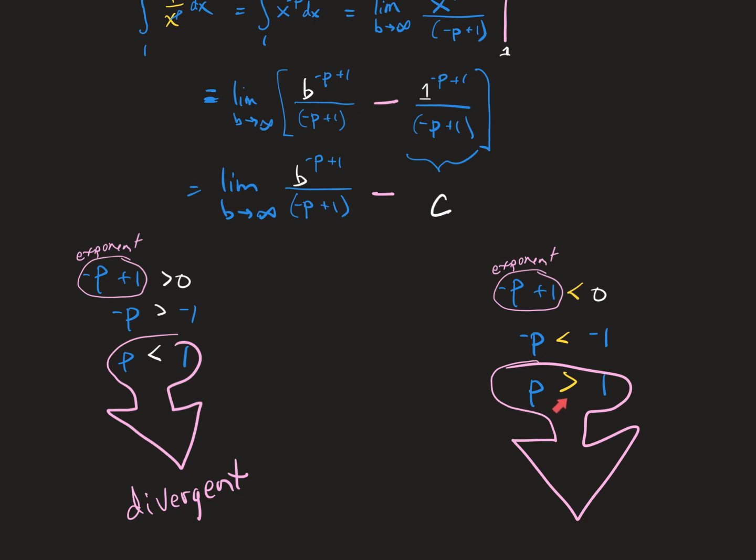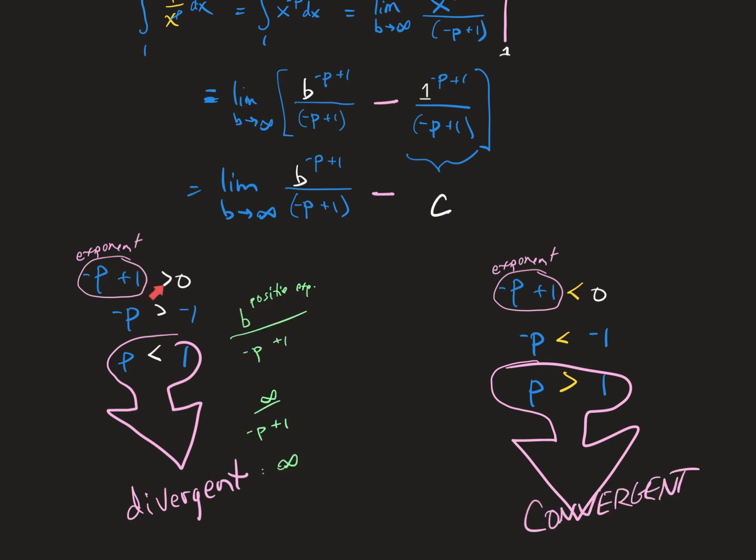And when that's the case, our exponent is negative, then b is going to go to the bottom. And when it's in the bottom and approaching infinity, we have a fraction where the denominator is approaching infinity, and so this is going to go to 0. So our entire definite integral goes to 0 minus c, or just negative c, which means it's converging. So our series will converge.